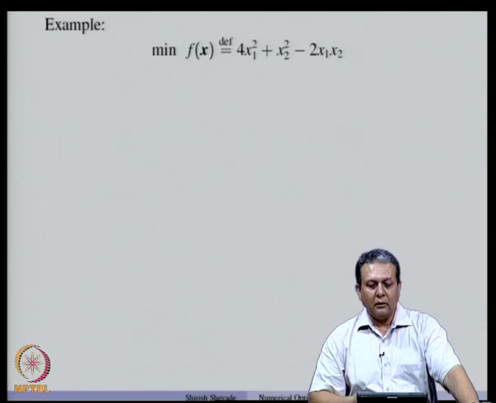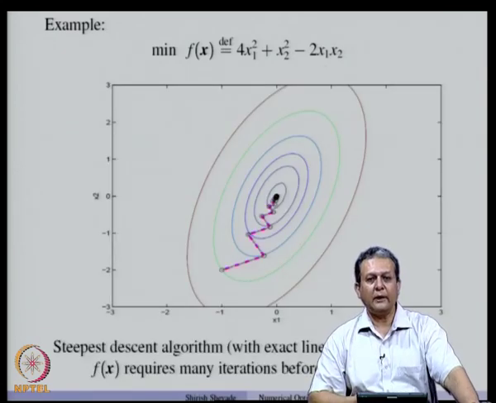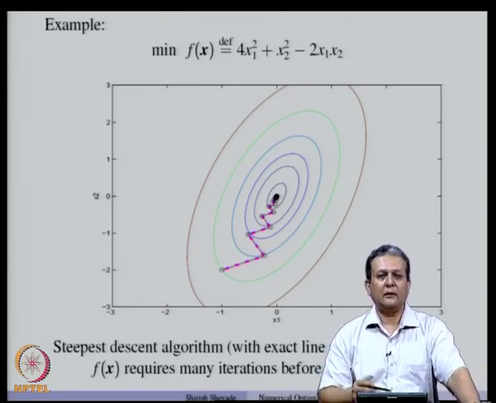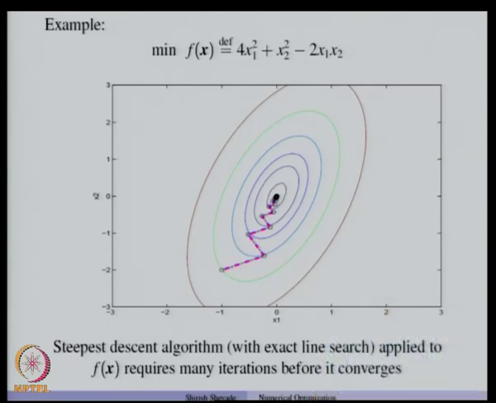Now, if we look at this objective function whose contours are elliptical, we saw that the zigzagging phenomenon occurs, and the steepest descent method in this case required many more iterations before it converged to the minimum. Now, what is so special about the circular contours which made the steepest descent method converge in one step, while in elliptical contours it required more iterations?